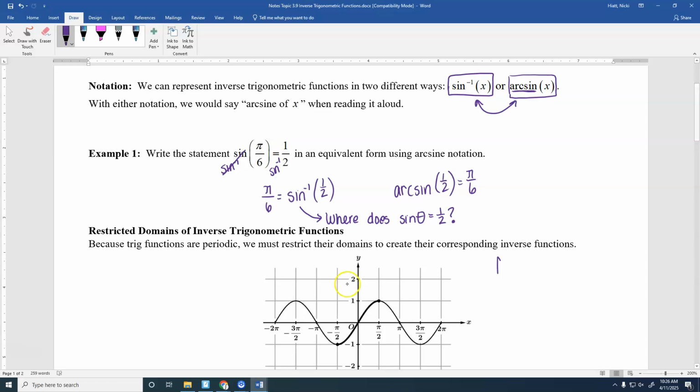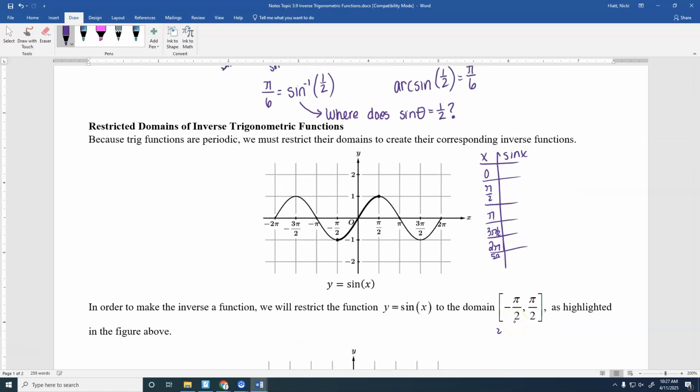So if I think about just making a table for sine, if I've got x and sine x, I've got 0, pi over 2, pi, 3 pi over 2, 2 pi, and then I'm going to go 5 pi over 2 just to have one extra. If I make a table for this, sine of 0 is 0, sine of pi over 2 is 1, sine of pi is back to 0, sine of 3 pi over 2 is negative 1, back to 0, back to positive 1. So this is a function. This is fine. Every x has a different y.